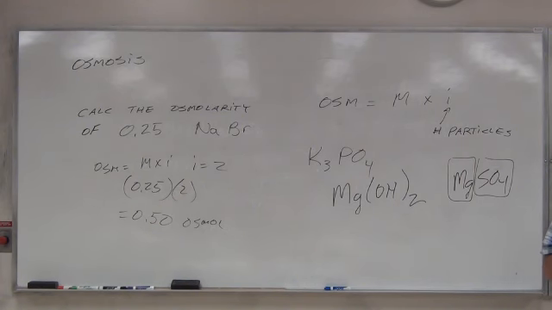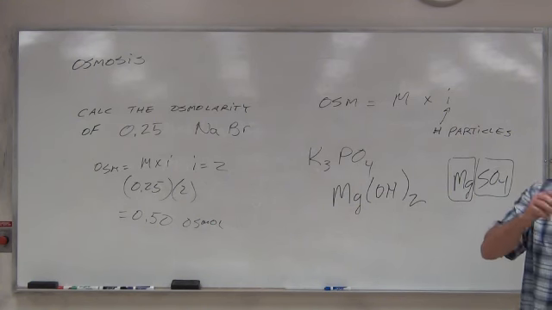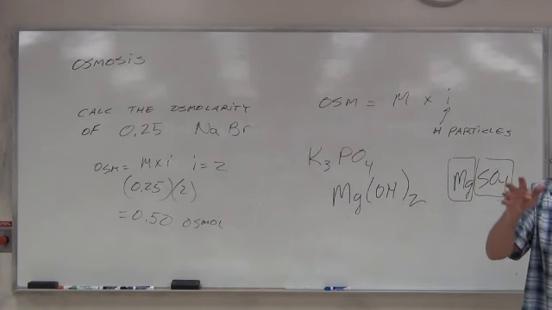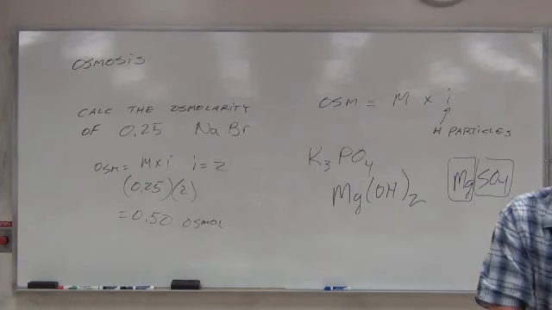When she finally gets it, she can say, "Wow!" Look at these polyatomic ions, right? This I is 2 because magnesium and SO4. I is 2. I is the number of particles. That's all it is. It's the number of little particles floating around. Osmotic pressure doesn't depend on the identity of the particle.